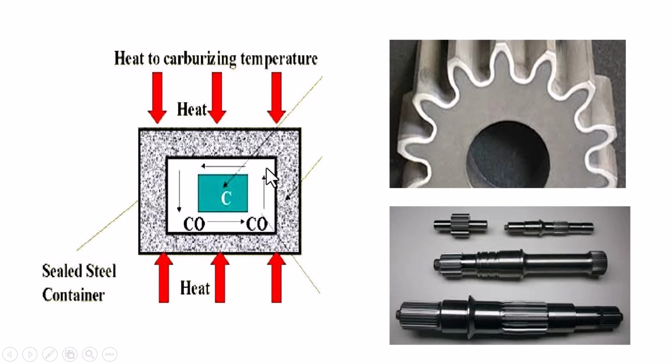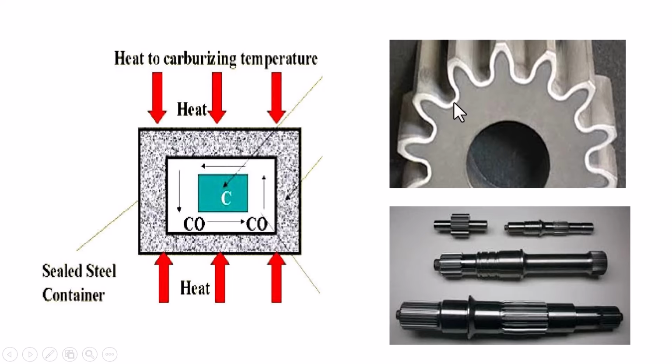If you provide ammonia, nitrogen will enter. The process remains the same. For example, for a cyaniding process, we use sodium cyanide. Thus we can increase the surface hardness of the material.